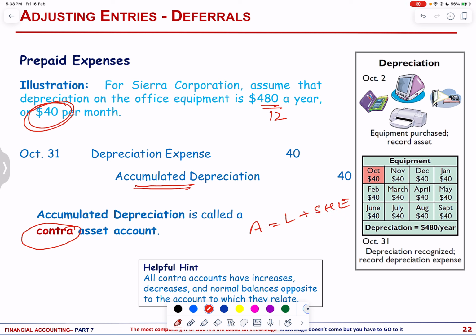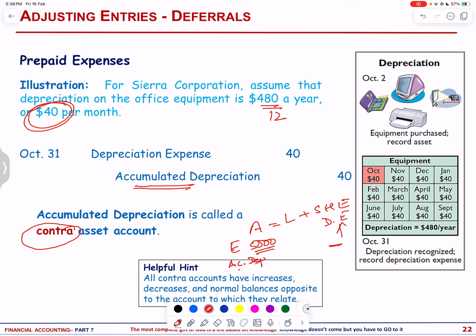So depreciation expense is increasing, and an increase in the expense will decrease the stockholder equity, and accumulated depreciation equipment increases by 40 while equipment remains 5,000. So equipment will remain 5,000 and we will be having an accumulated depreciation.